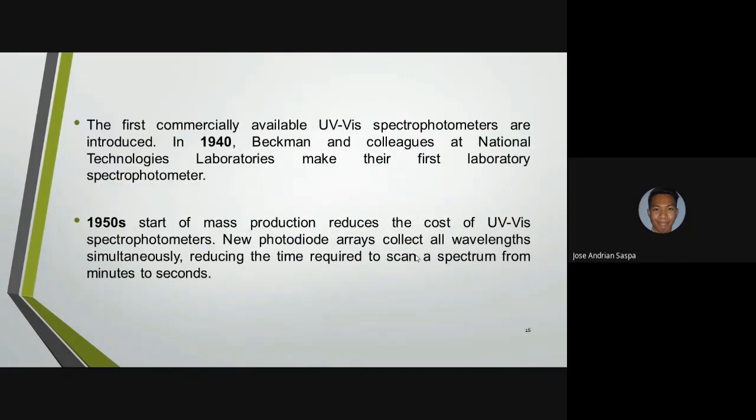The first commercially available UV-vis spectrophotometer was introduced in 1940 by Beckman and colleagues at National Technologies Laboratory, making it their first laboratory spectrophotometer. In the 1950s, the start of mass production reduced the cost of UV-vis spectrophotometers.